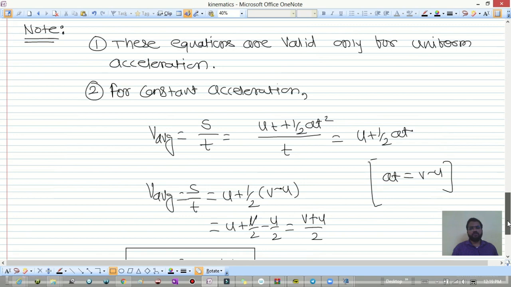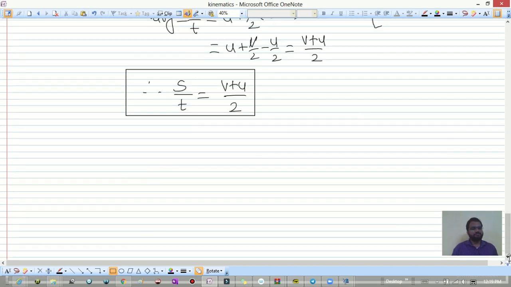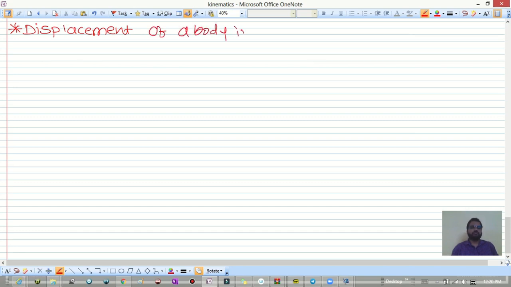Okay, now after this we'll do what is called the displacement in nth second, right? So see here, we have now what is the displacement of a body in nth second, displacement of a body in nth second.